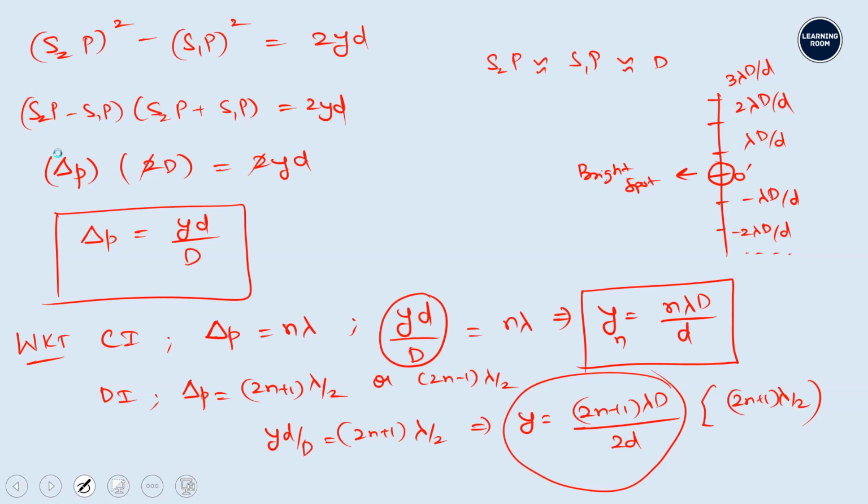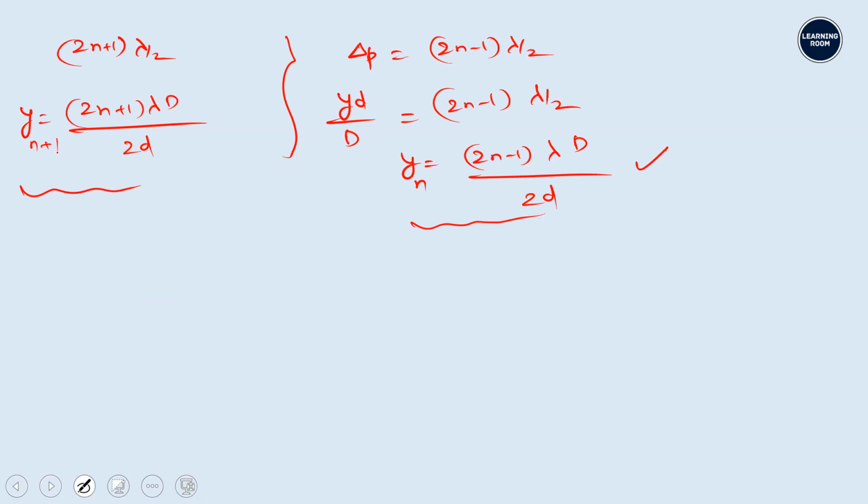Electricity. Market is important and then.